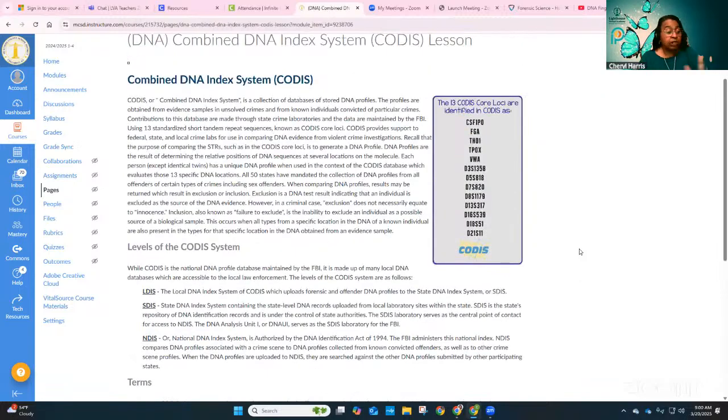All right, so I'm going to let you read those, turn in the assignments that you have, and let me know if you have any questions. I will have a quiz on this on Monday. All right, so you need to know what CODIS is. It is Combined DNA Index System. Okay. It is a database.